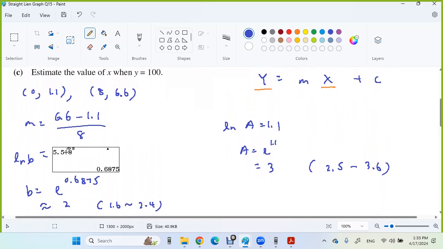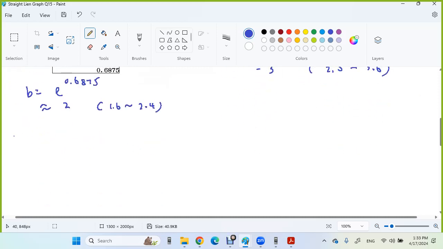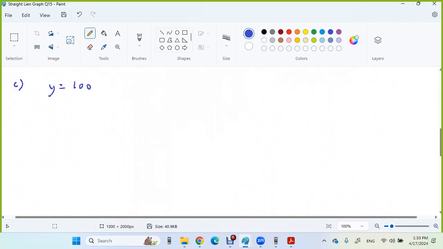Then for C, we need to estimate the value of x when y equals 100. So we have y equal to 100, and in the graph we have ln y.